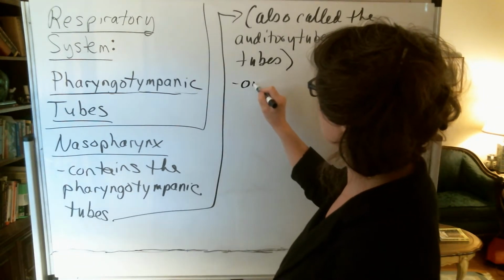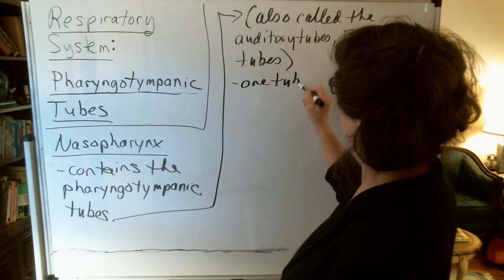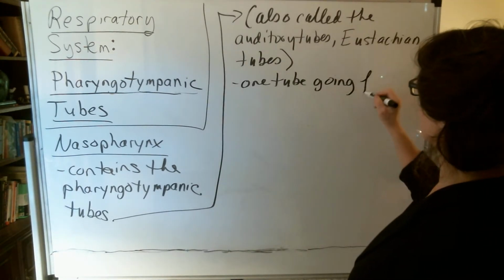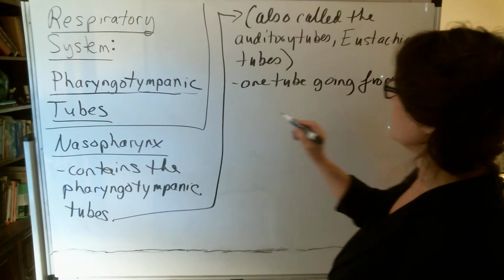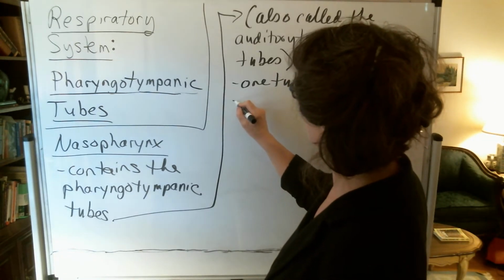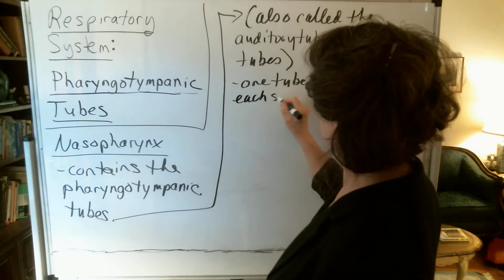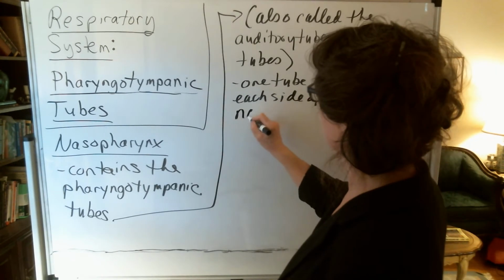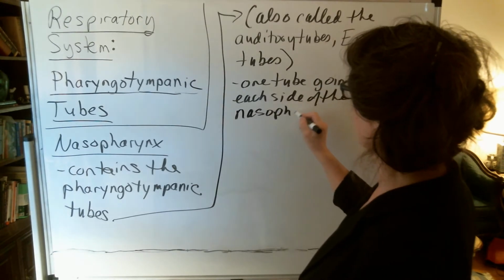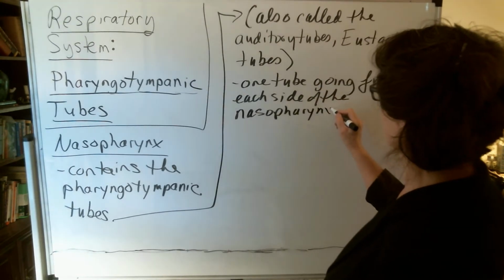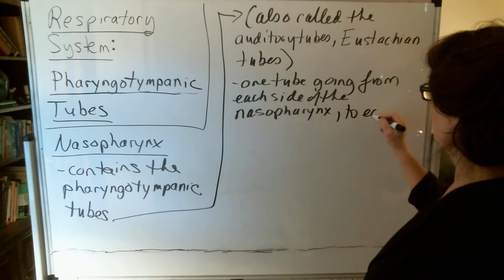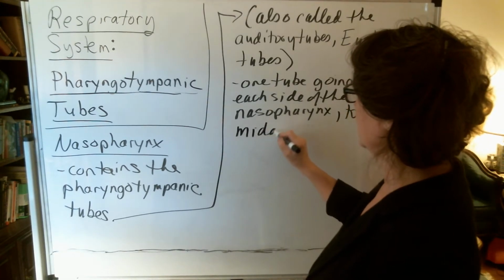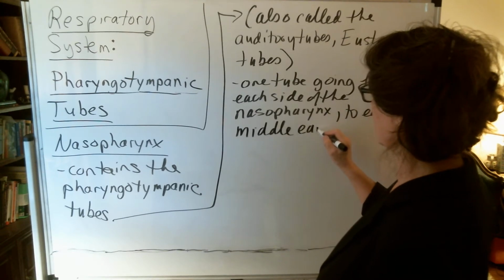And there is one tube going from each side of the nasopharynx to each middle ear.